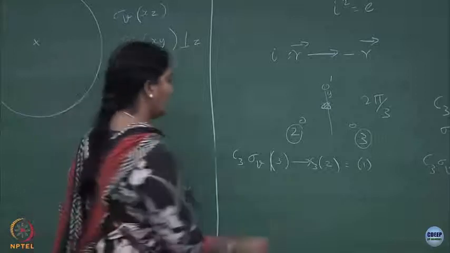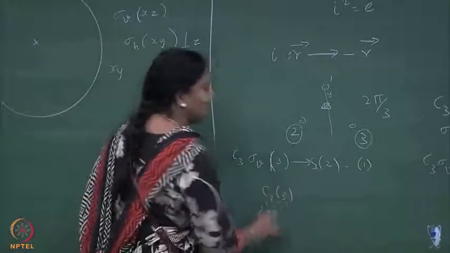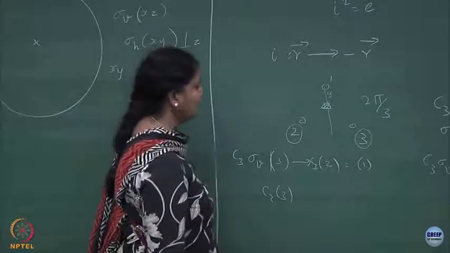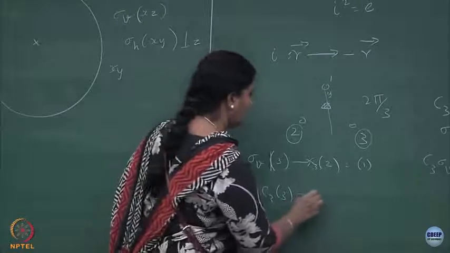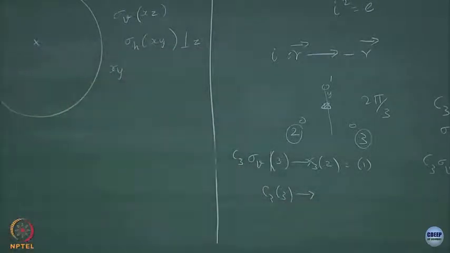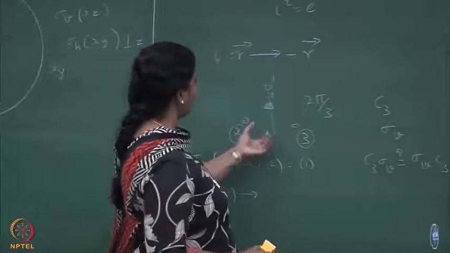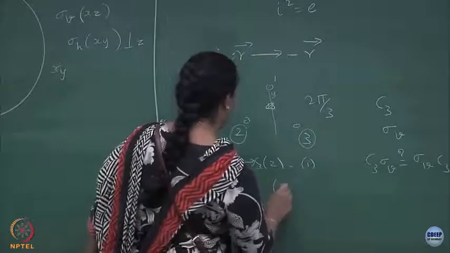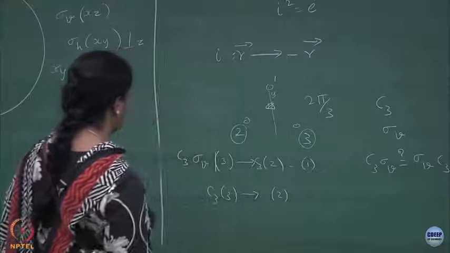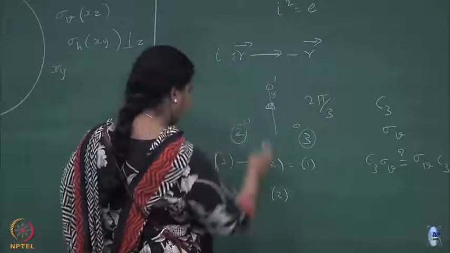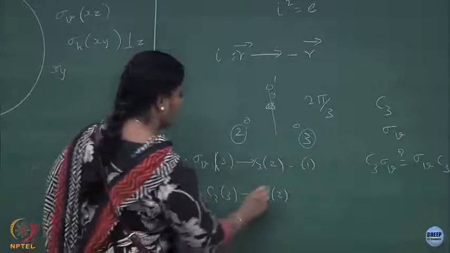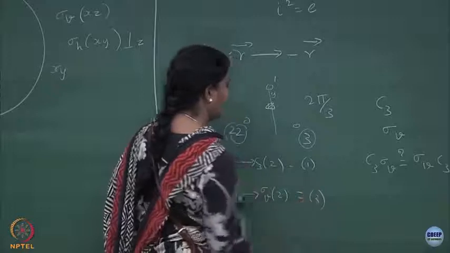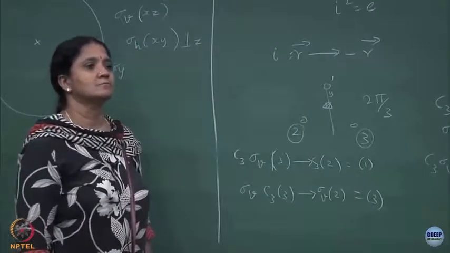Now if you do C3 on 3, the 2 pi by 3 rotation about this axis should take 3 to 2, and then I want to do sigma v, which will go to a different atom, right.